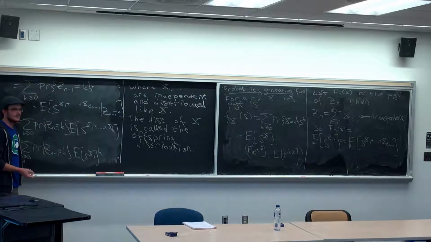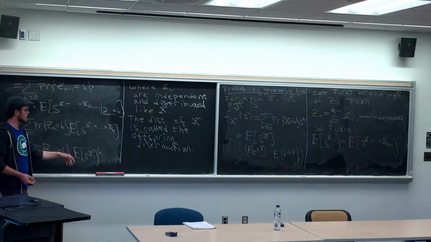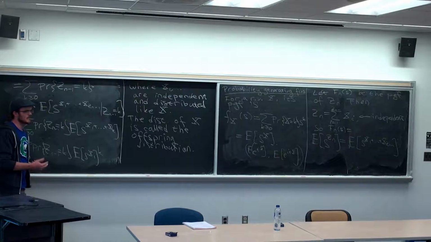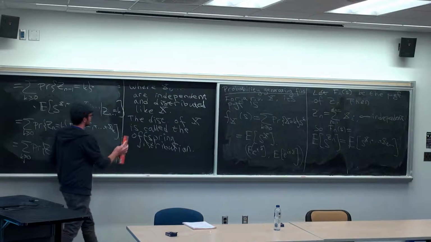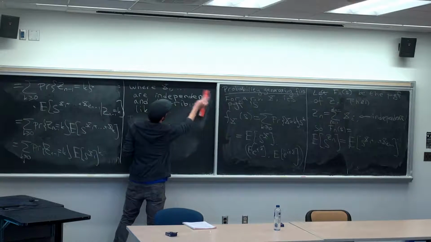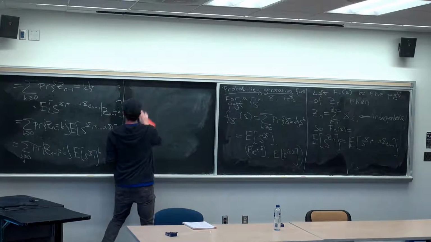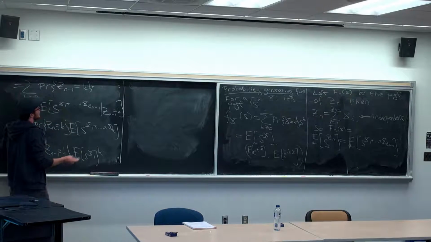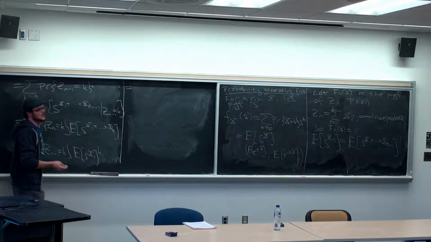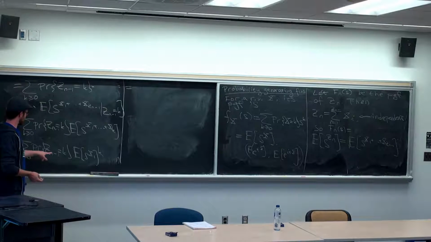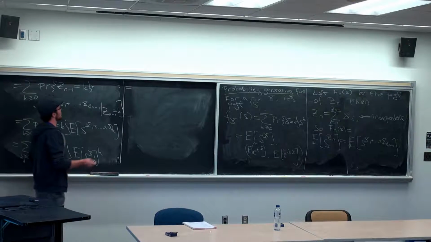Since they're all independent, they're all just going to give the same expected value, the expected value of s^{X_1}, to the power k. And now, maybe I should have said what the goal of this was, but now maybe you can see what identity we can get from here.